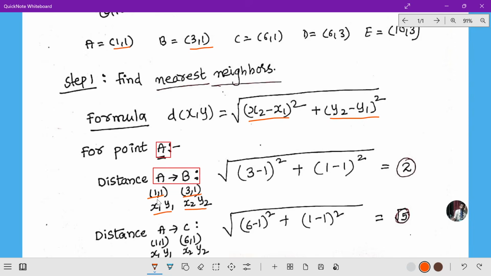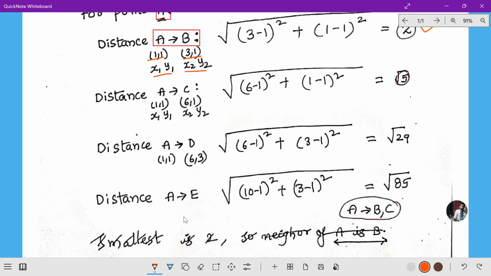We substitute the values: (3 minus 1) whole square plus (1 minus 1) whole square. So this is equal to 2. Similarly, we'll find A to C, A to D, A to E.